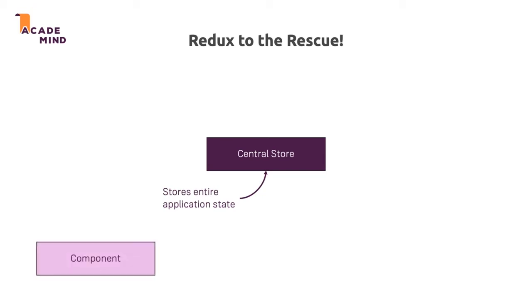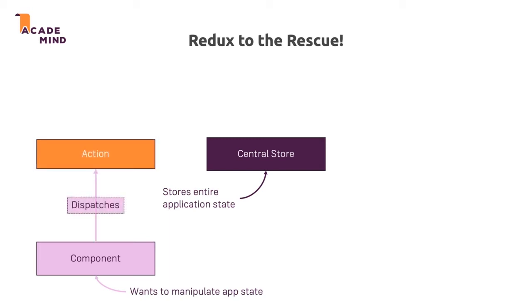And then when in one component you have something that wants to manipulate that state, for example, we're setting a filter or we're marking a meal as a favorite, we then dispatch a so-called action that's a predefined information package, you could say, having a certain schema which can be handled by Redux as configured by you.